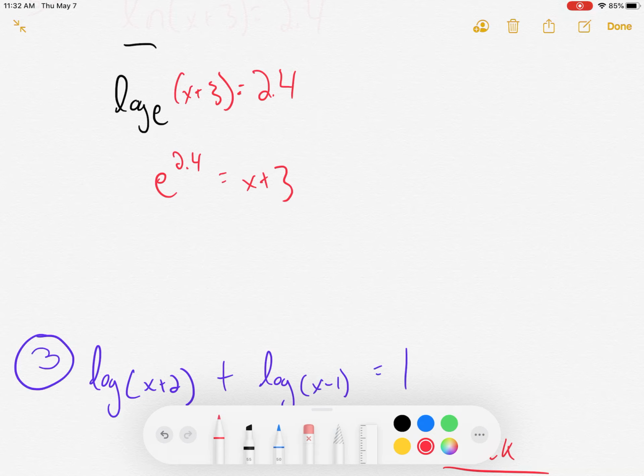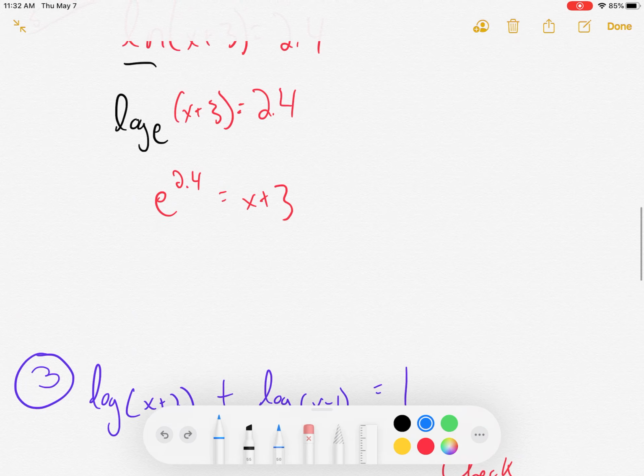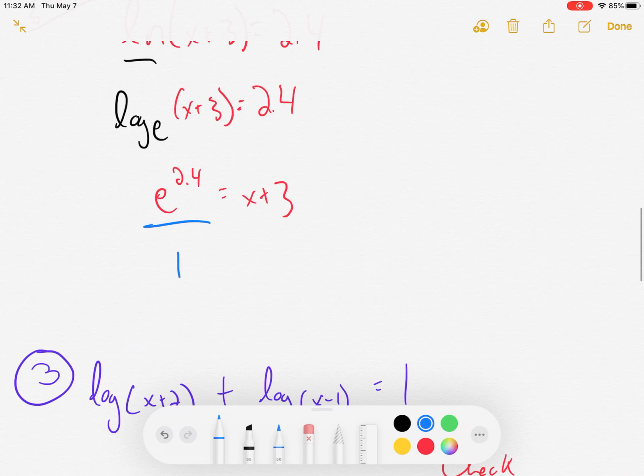Sorry about that. Loading calc. It's loading, I promise. Anyways, what I'm going to do is I'm going to evaluate. I'm going to figure out on my calculator, hey, what's e to the 2.4 power? And then solve for x. So on my calculator, I have e raised to the 2.4 power. I get 11.02. So, oh boy. We now have 11.02 equals x plus 3, minus 3, minus 3.